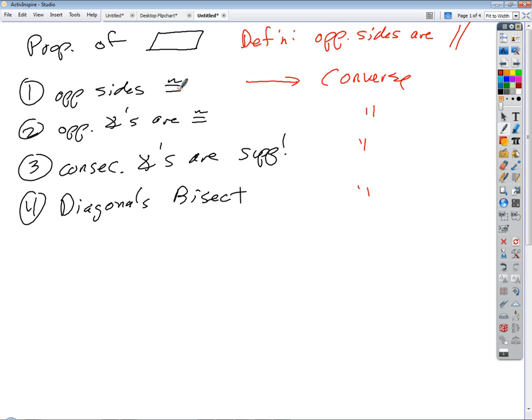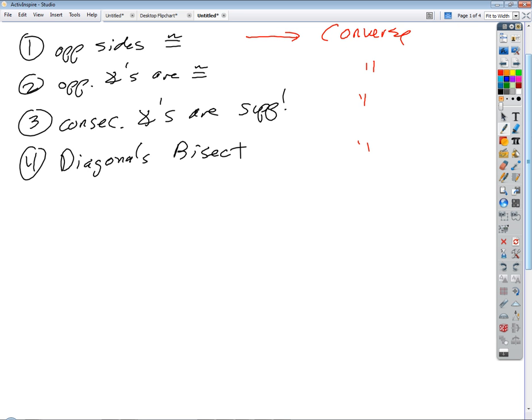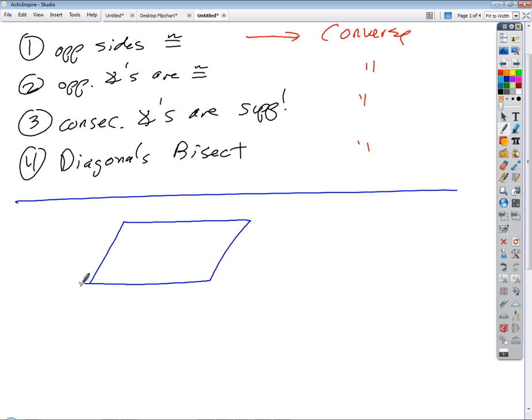Here's an extra one we get, though. If we have a quadrilateral and two sides of the quadrilateral are simultaneously parallel and congruent, that's enough, believe it or not. That's enough to show that it's a parallelogram. Okay?